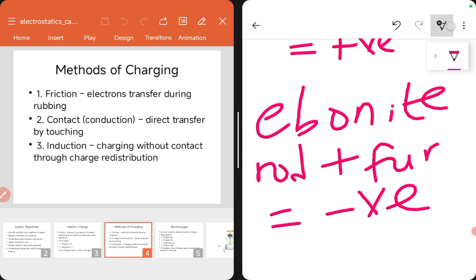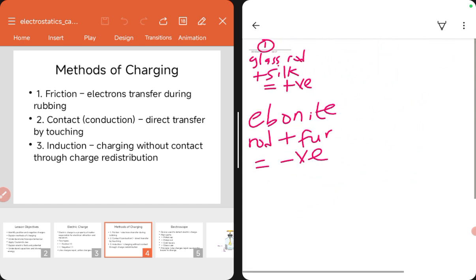Another one is a game we used to play when we were little. You take a pen and rub it on your hair, and then you bring it near a very small piece of paper. You will discover that the pen will attract that piece of paper. And what's the reason for that? It is because your biro has acquired charge by friction. When you were rubbing it against your hair, it acquired some charges.